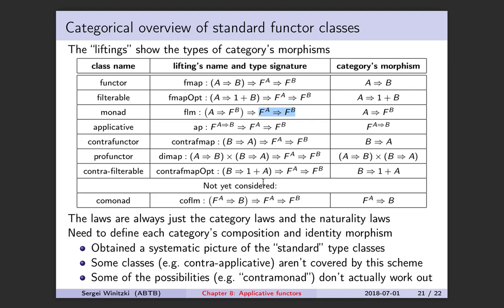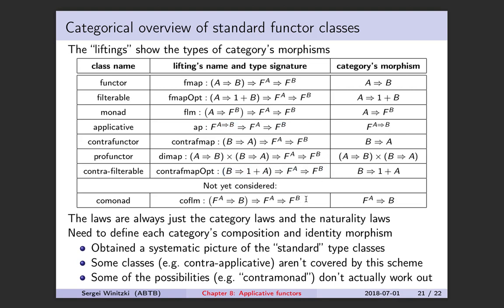Another thing that is not great about it is that some type classes don't seem to be covered by this scheme, such as, for example, contra-applicative and profunctor applicative. I haven't been able to find a formulation of them using this scheme.